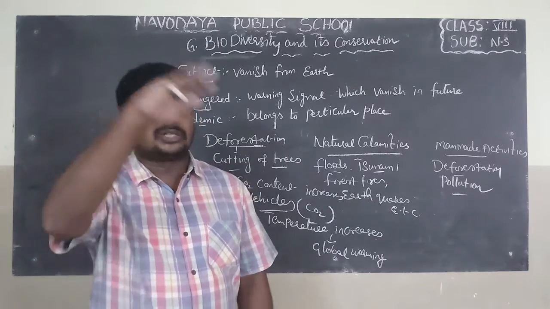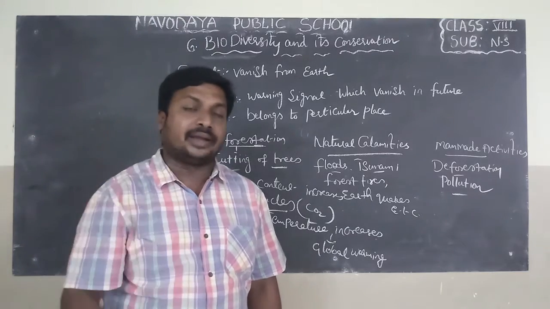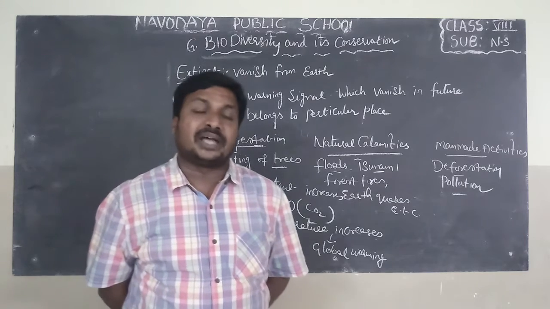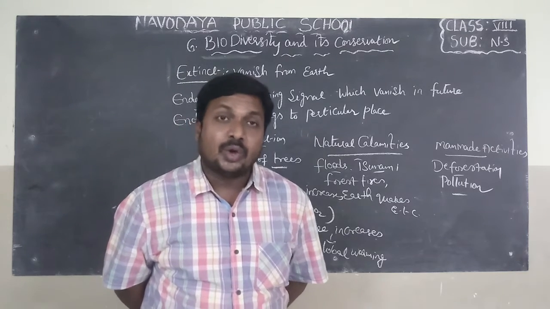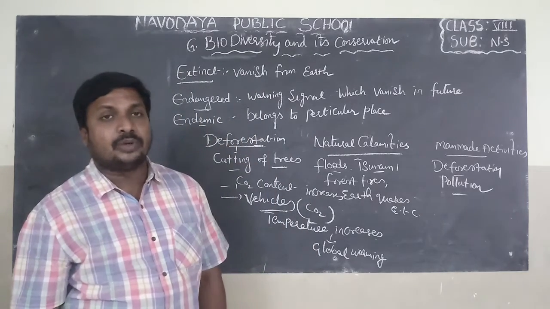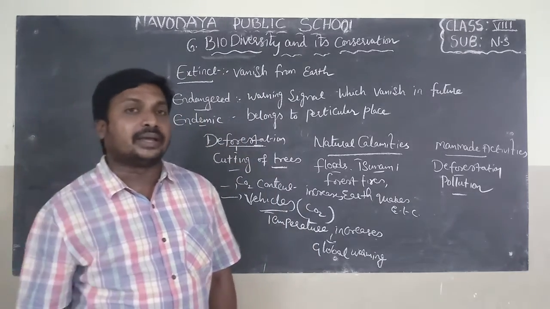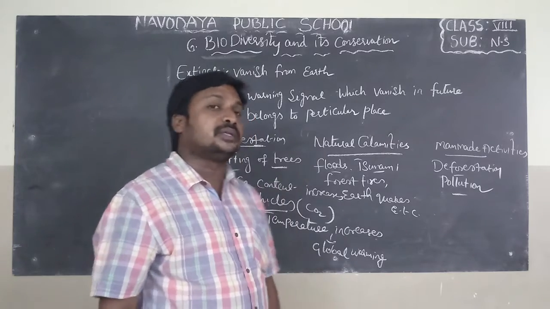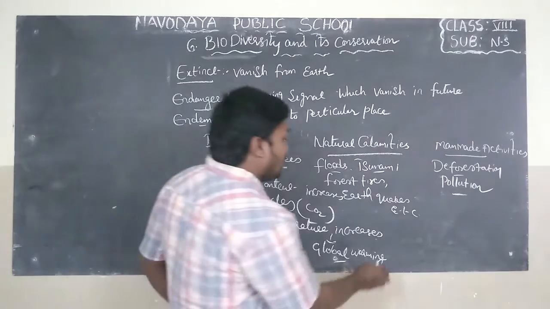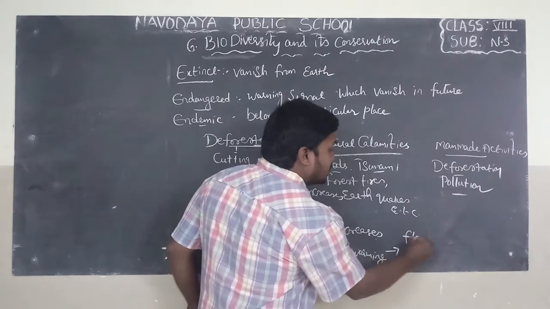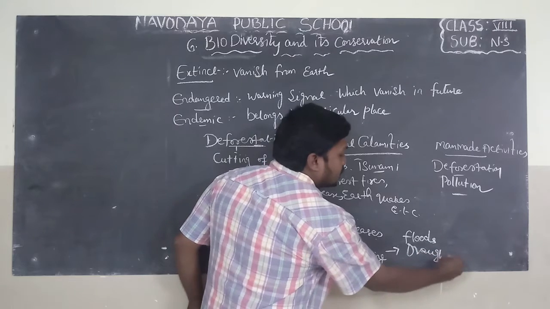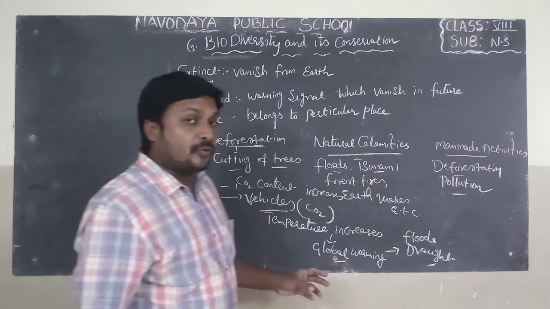CO2 present in the atmosphere helps absorb ultraviolet radiation coming from the sun and helps to keep the earth warm. But nowadays the carbon dioxide content increases. When carbon dioxide content increases, temperature also increases. That leads to global warming. This global warming causes floods in some areas and drought in some areas. So everyone should be aware of it.